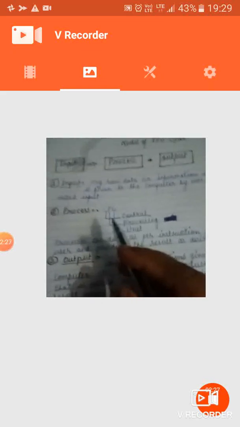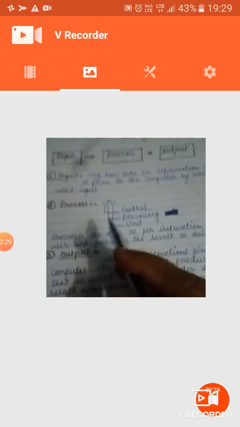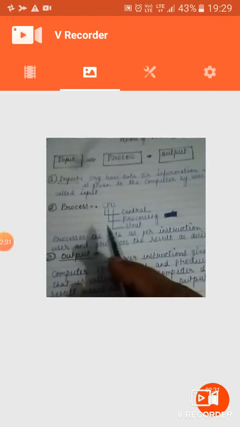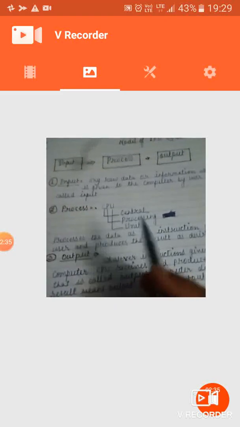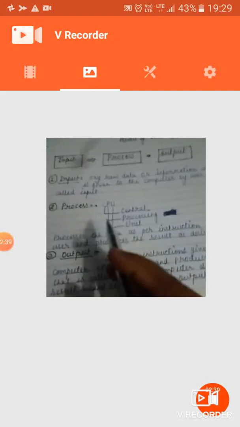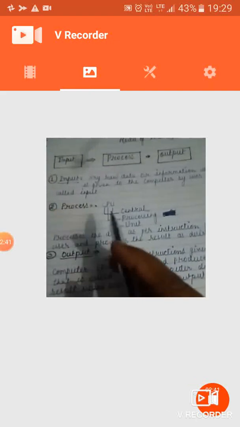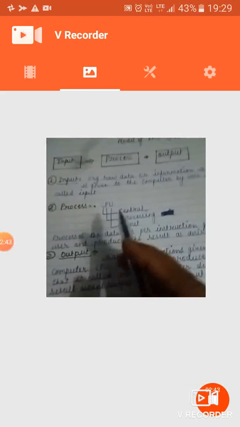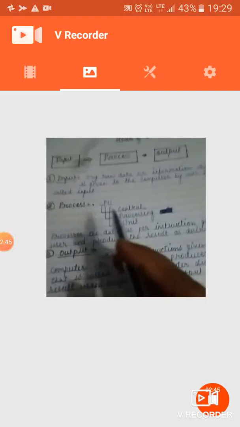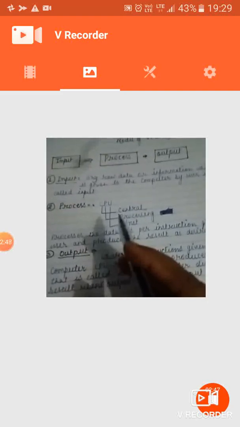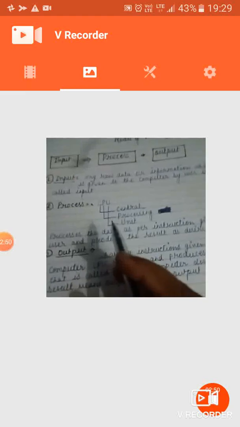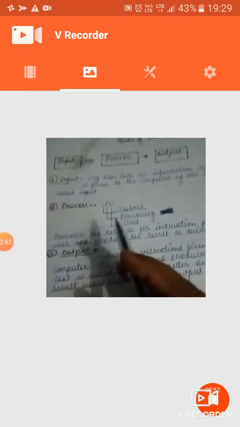The full form of CPU is: C stands for central, P stands for processing and U stands for unit. So the CPU receives data or instructions which have been given by the user. The CPU processes the data, stores it in its memory and produces the result.